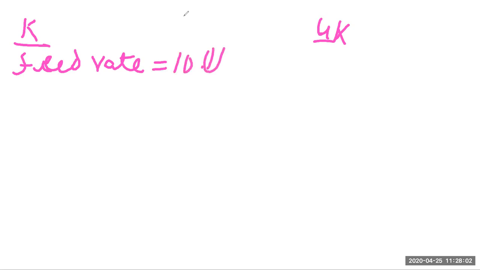They say chlorine is added at a rate of 10 pounds per day. Remember what that was? That's the feed rate. And you remember the feed rate was on one side of the equation? The feed rate is 10 pounds per day.